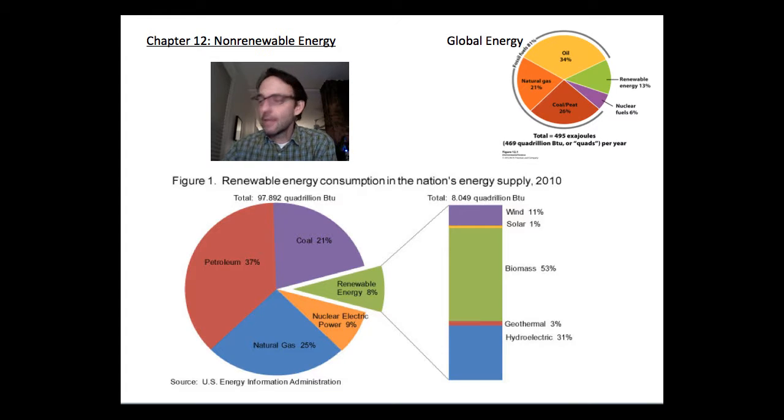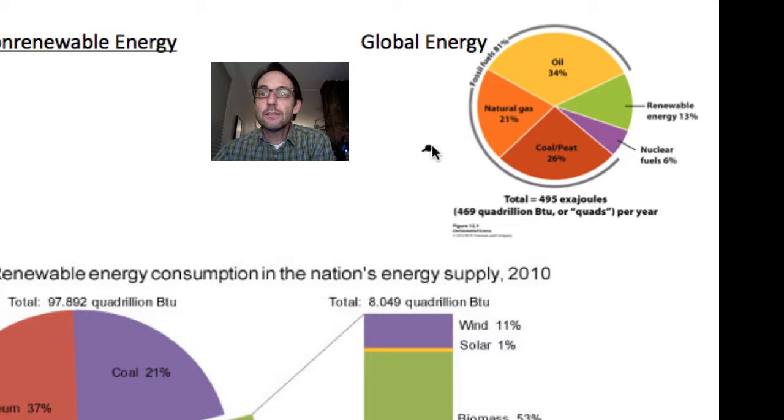So let's start by looking at how much energy we use right now. If you look at this diagram, which is out of your book, it shows that globally we use primarily oil for our energy source, and that we use about 500 what's called exajoules.